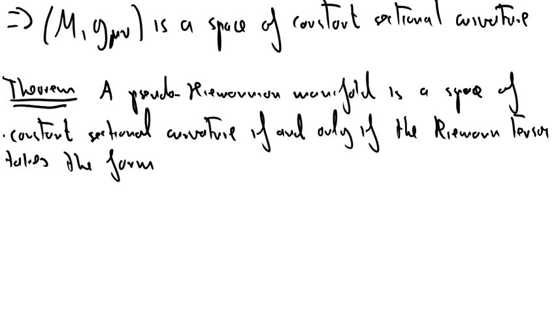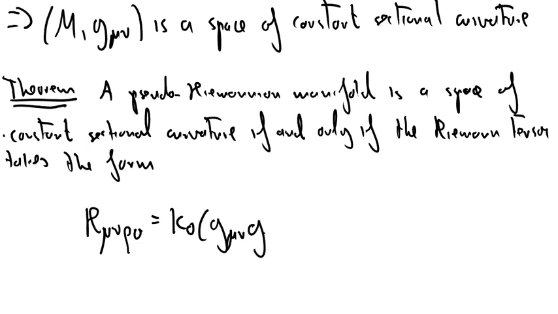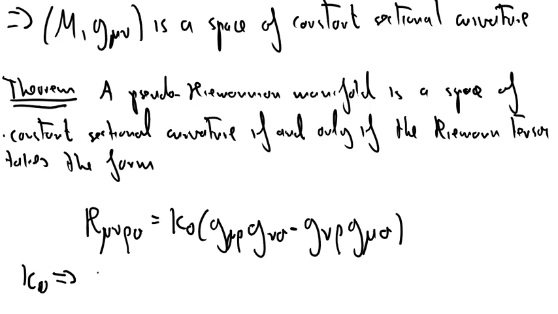The Riemann tensor of a pseudo-Riemannian manifold which is of constant sectional curvature has a very specific form, and this k0 is a constant which a simple computation shows is the sectional curvature.